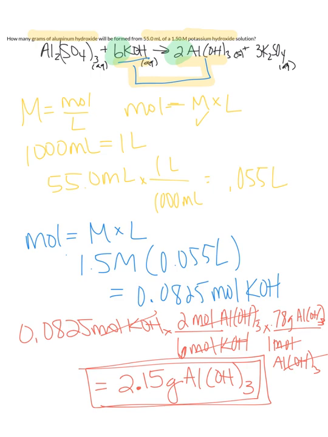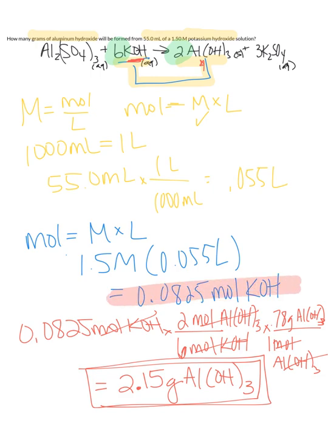So just to review, we wanted to find the grams of our product, the grams of precipitate, from a solution. We had some potassium hydroxide dissolved in solution. We had 55 milliliters of it, and it was 1.5 molar. Using that information, we were able to find the moles of potassium hydroxide, which was 0.0825.